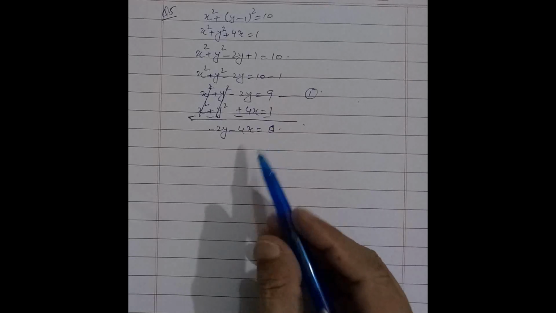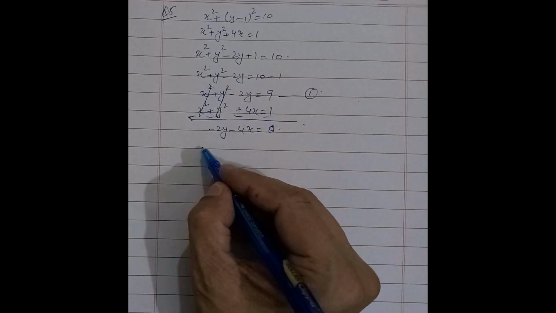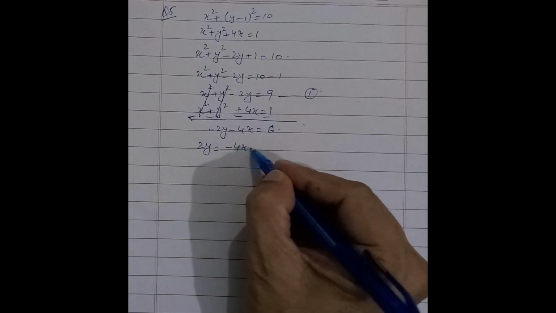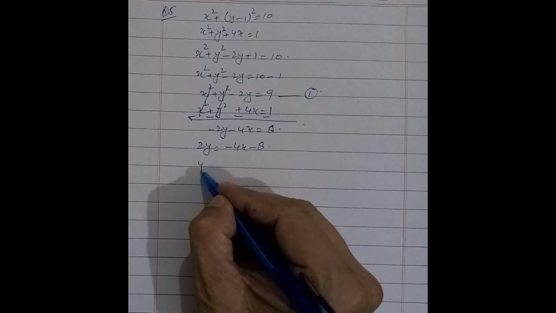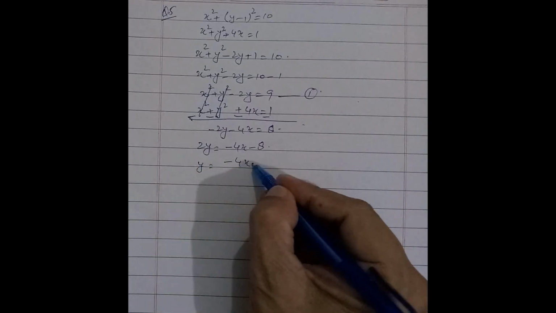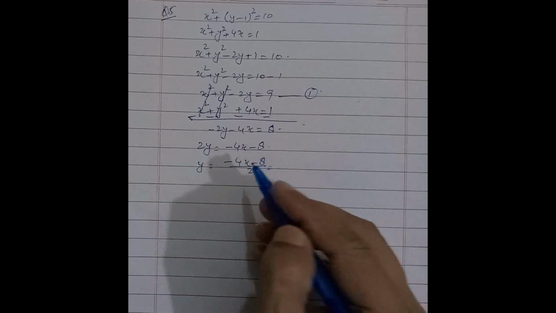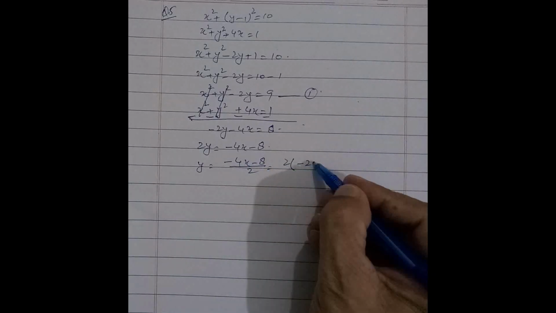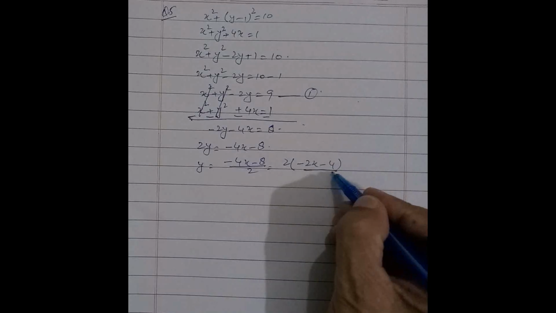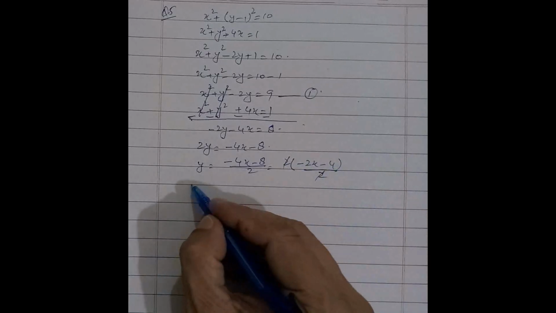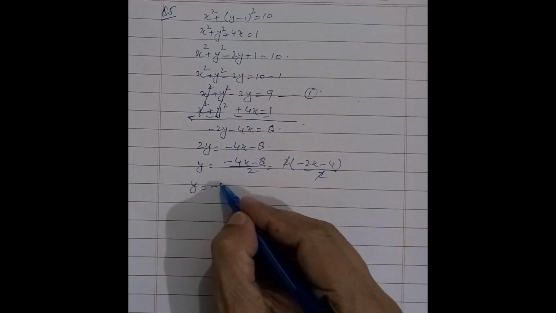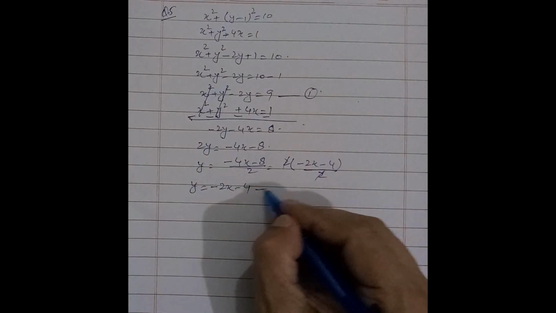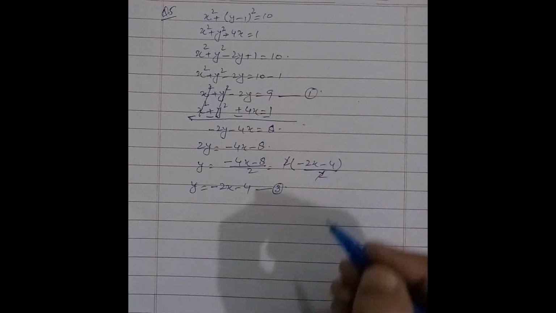For equation 3, we get 2y is equal to minus 4x minus 8, and y is equal to minus 4x minus 8 over 2. We take 2 common from the numerator. The other value is minus 2x minus 4 over 2, and we cancel. The y is equal to minus 2x minus 4, and it is equation 3.